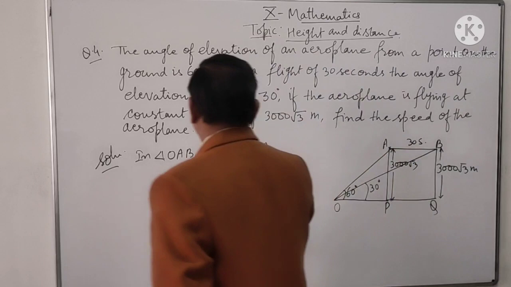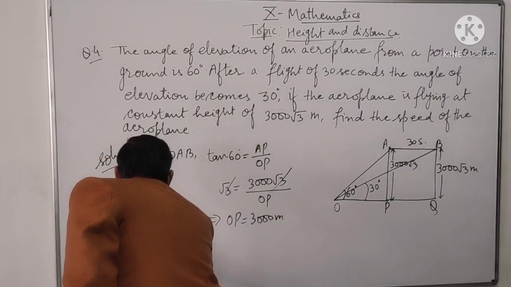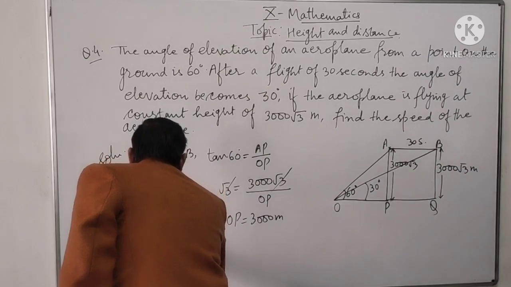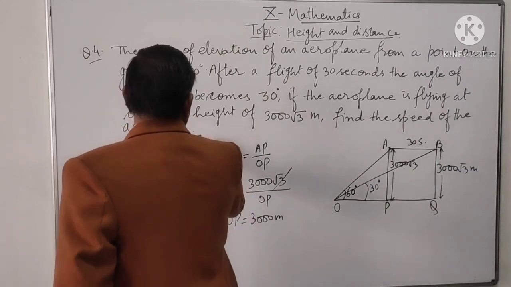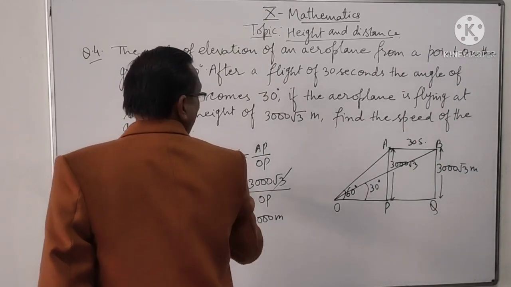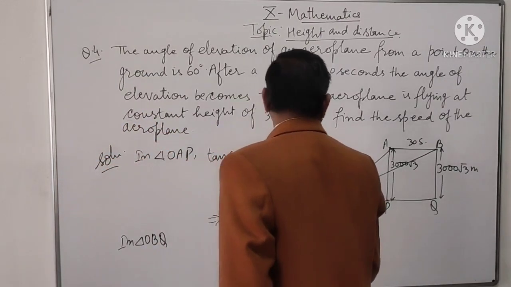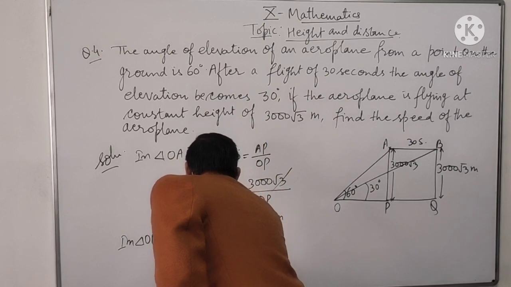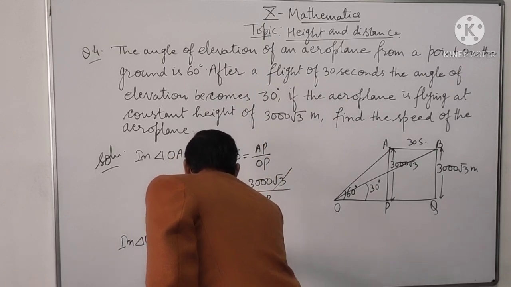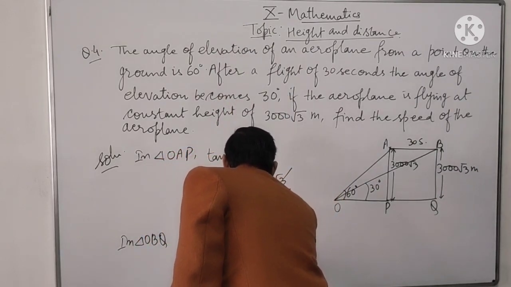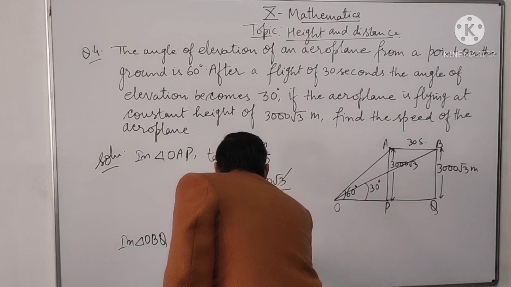Then in triangle OBQ, tan 30 is equal to BQ upon OQ.